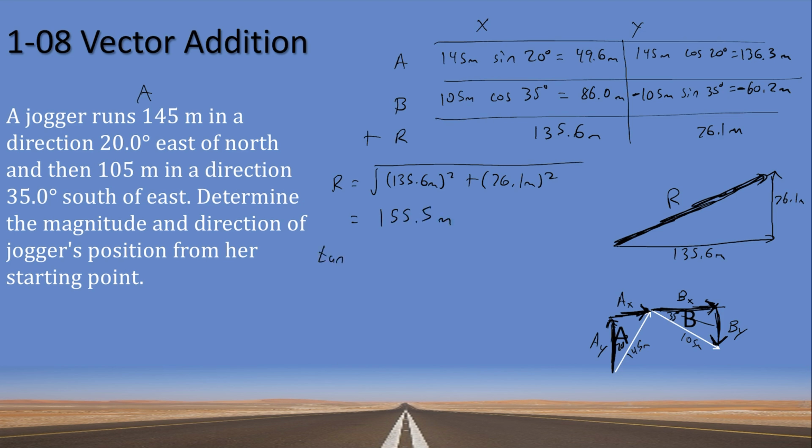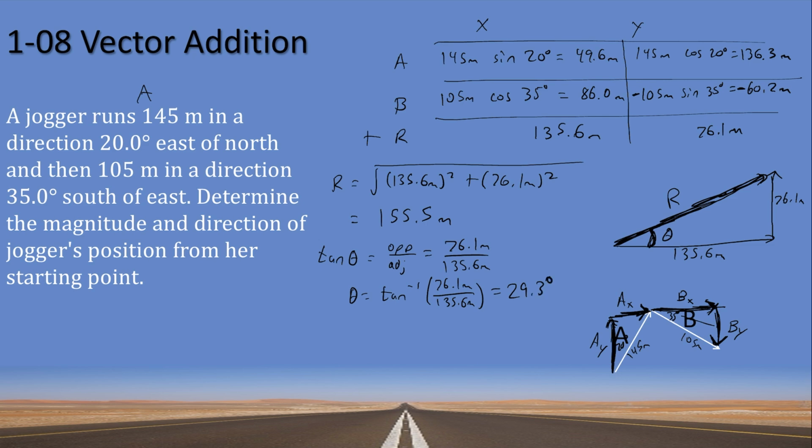To get my angle, use tangent. My angle is always at the tail. So the opposite is 76.1. The adjacent is 135.6. Use inverse tangent of that. And my calculator says it is 29.3 degrees.